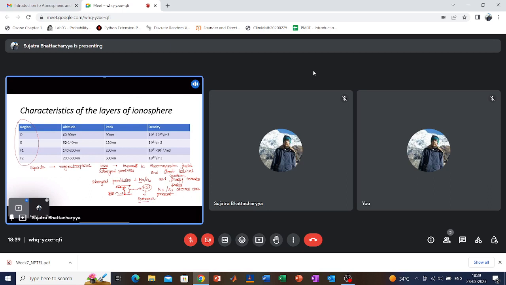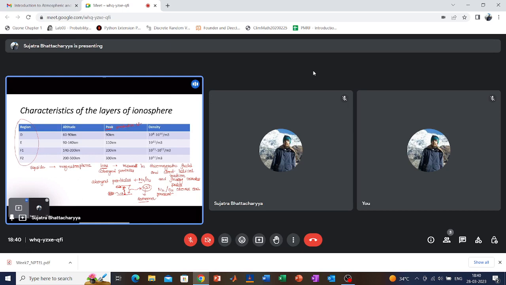So this is the concept of the aurora, but below it these layers exist: D, E, F1 and F2, which we have discussed already. The heights I have already shown in the previous figures, as well as written there. Now the peak means what? This is the peak production height.